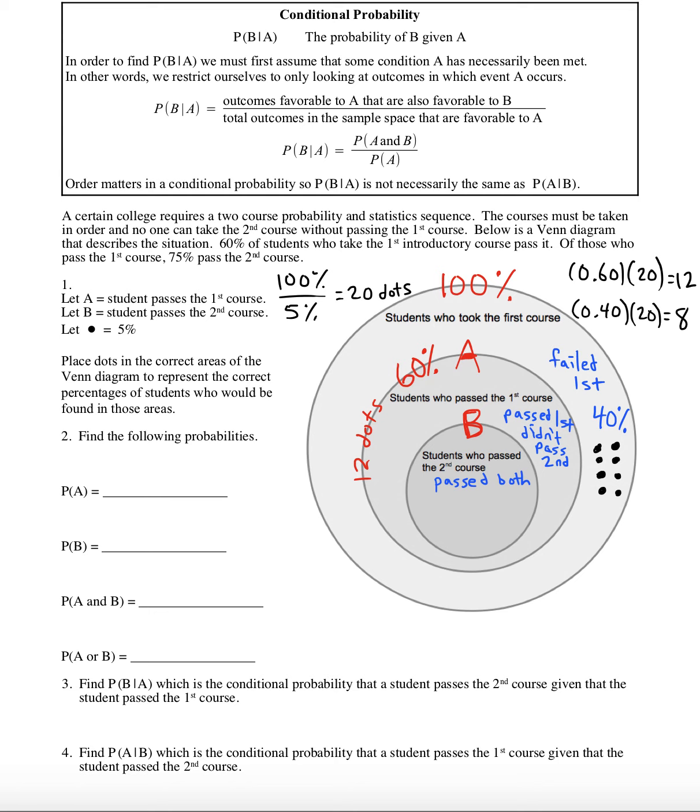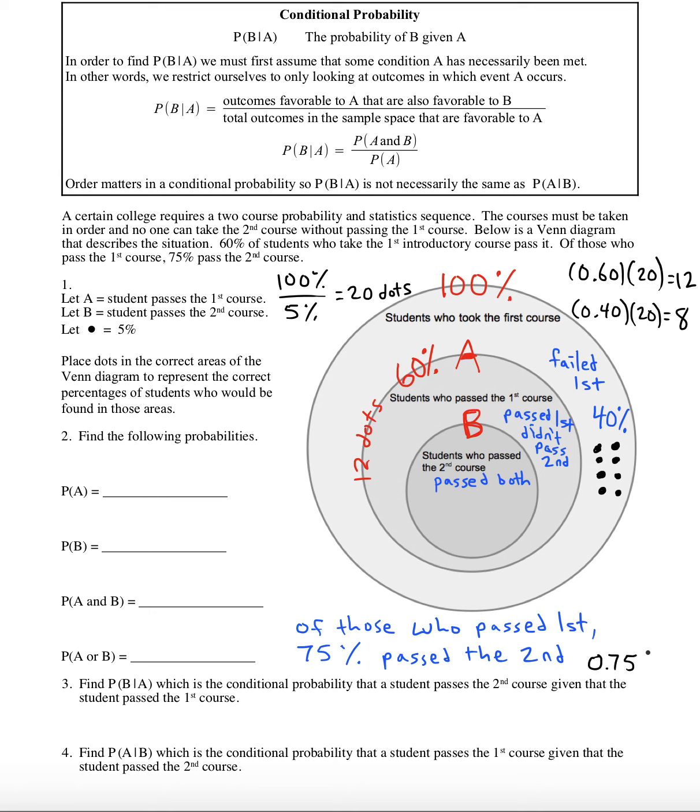So, conditional probability says, of those who passed the first, 75% passed the second. So I want to go and multiply my 0.75 times something.